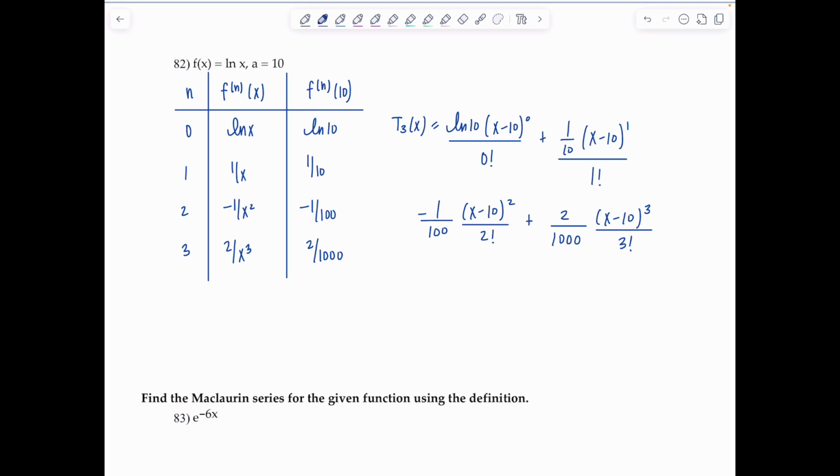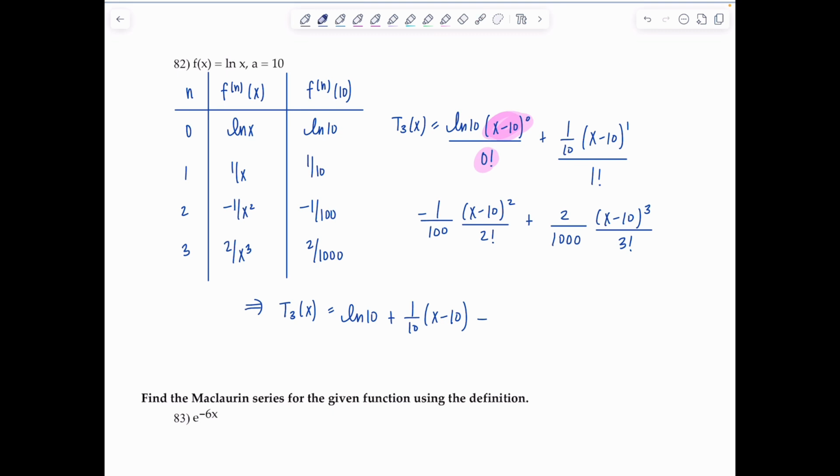Okay, so let's clean up. T sub 3 of x. That's 1. So then we just have ln of 10 plus the next term's just going to be 1/10 times x minus 10, minus, now 2 factorial, that's just 2 times 100.